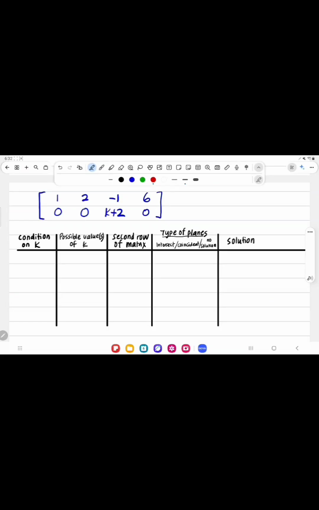After the row operations, we focus on the second row of the matrix. That means this row. If k plus 2 is 0, that means k is negative 2 only. The second row of the matrix becomes 0, 0, 0, 0 because k plus 2 is 0.